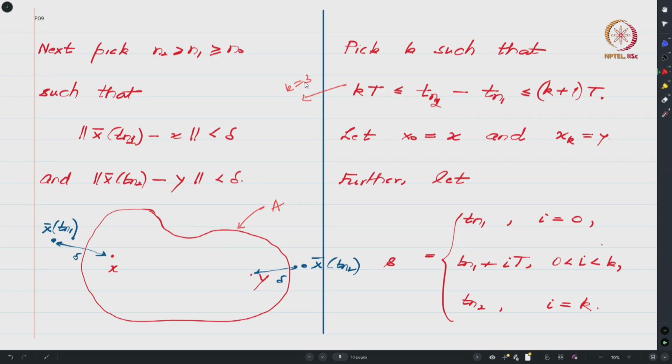Let's say that your k turns out to be 3.